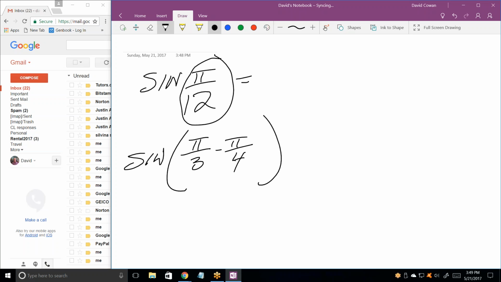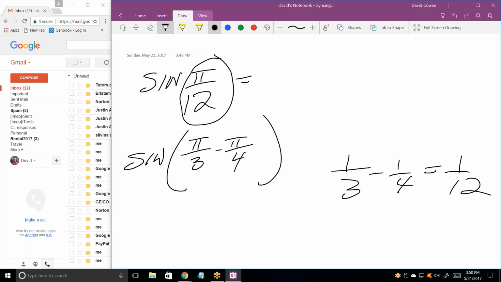You could do it in degrees. There would be nothing wrong with converting that to 15 degrees. And then once you convert it to 15 degrees, then it's 60 minus 45, right? In radians, 1/3 minus 1/4 is 1/12.